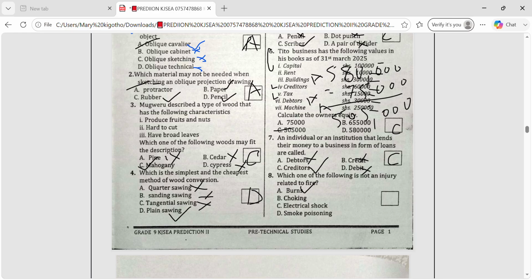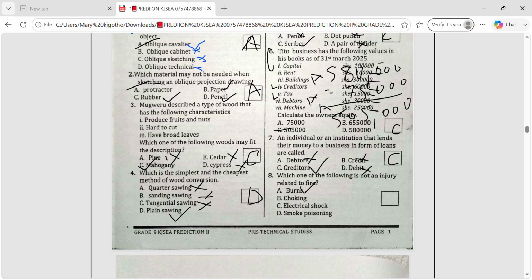Choking is not specifically a fire-related injury, it is usually caused by something blocking the airway, like food or a small object. Maybe you're eating fish, you can be choked by a fish bone. So it is not necessarily related to fire.